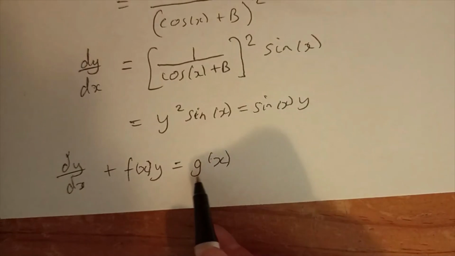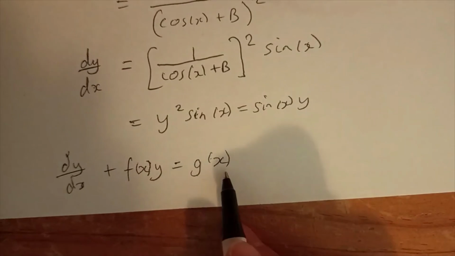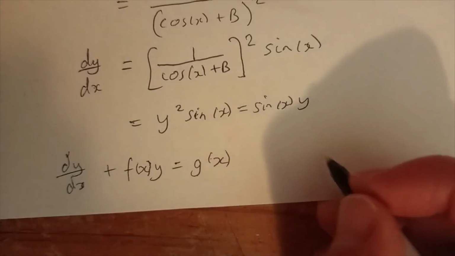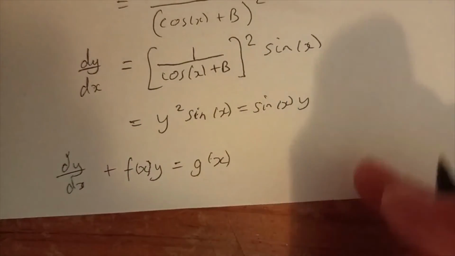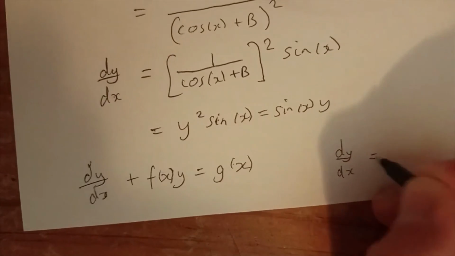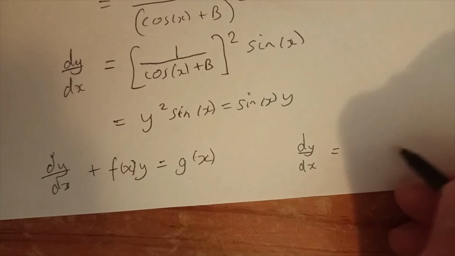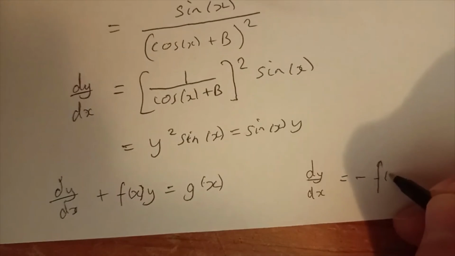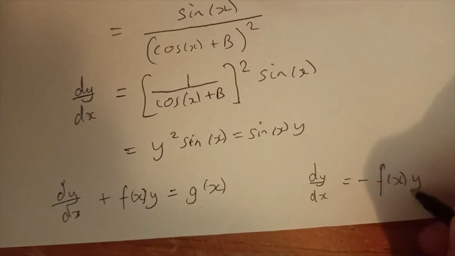And if g of x is 0, then that will be the homogeneous case, in which case it can actually be written out as dy dx equals negative f of x times y.